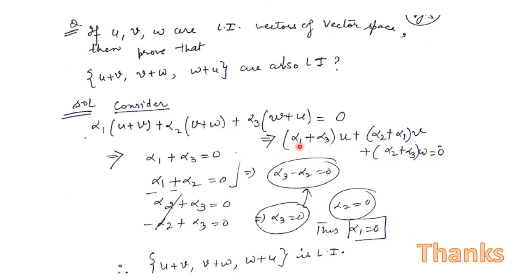So we get alpha 1 plus alpha 3 is 0, alpha 2 plus alpha 1 is 0, alpha 2 plus alpha 3 is 0. So here we have three equations. Simplify these three equations. We get each alpha i is 0. Right? Since each alpha i is 0, the set of vectors is LI. And this is what we had to prove.